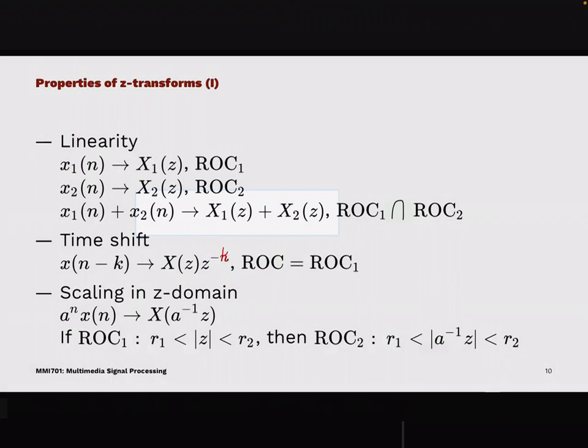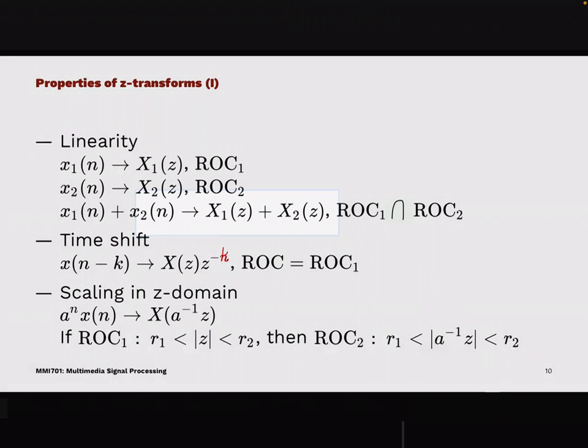The third property is scaling in Z domain. So if you multiply a signal by an exponential sequence, a to the power n, which depends on the time index of that signal, the Z transform of the new signal will be a scaled version of the Z transform of the original signal. So we have X of a to the power minus 1 z as our new Z transform.